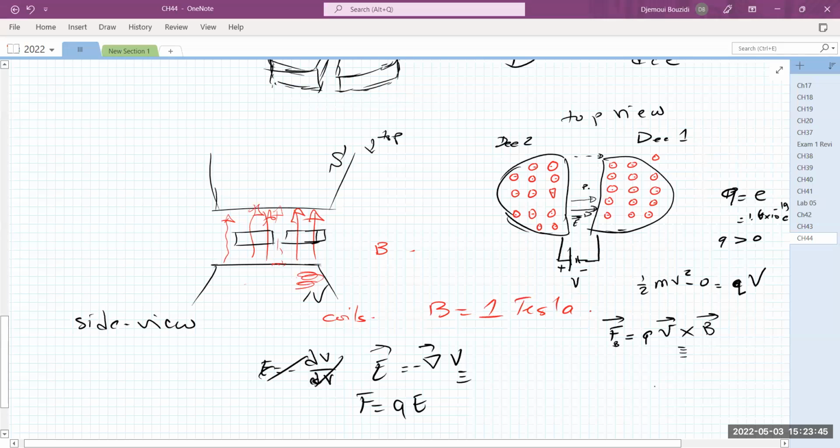So in this case, according to the picture, the velocity is going to my left. The magnetic field is coming upward, out of the screen.